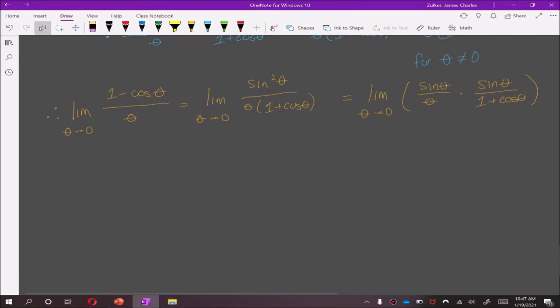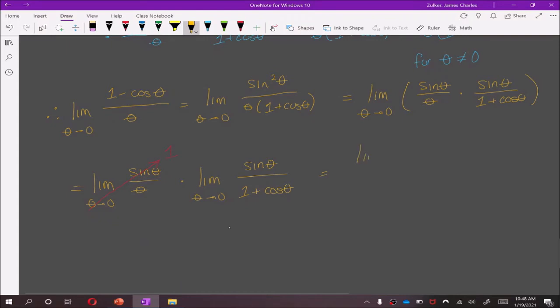We can now use the appropriate limit law to write the limit as theta approaches 0 of sine of theta over theta, then multiply that by the limit as theta approaches 0 of sine of theta over 1 plus cosine of theta. Now we've already evaluated this limit. This limit was 1. All that's left is to evaluate this limit here.